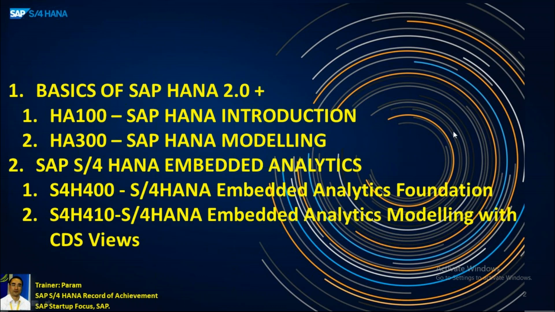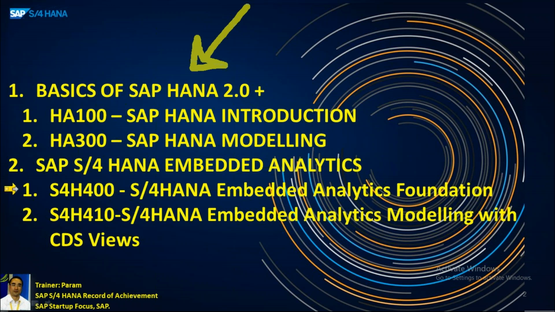Okay, so we've got here the training documents that are required, and the first one here is the HANA 2.0. We've got the HA 100 document, which is important for all of us to have the basics, and then followed by the HA 300 over here. So HA 100 and then 300. 300 is more about the HANA modeling, and there are also certain topics about the reporting on HANA.